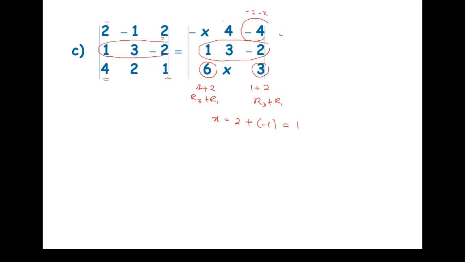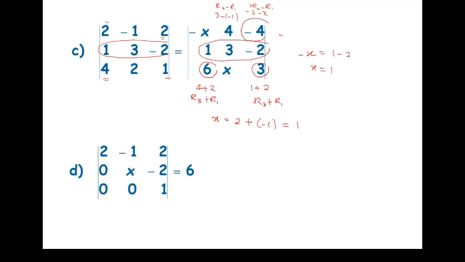To get 4 here, it is 3 minus negative 1, which means row 2 minus row 1. So that means negative x is equal to row 2, that is 1, minus 2. Therefore, we have x equal to 1.